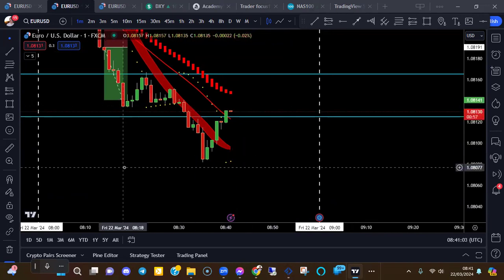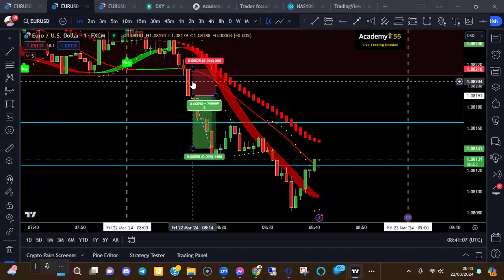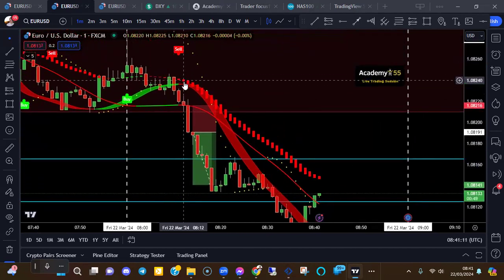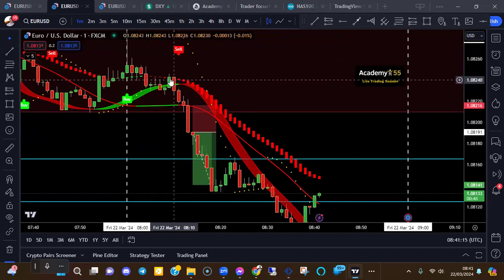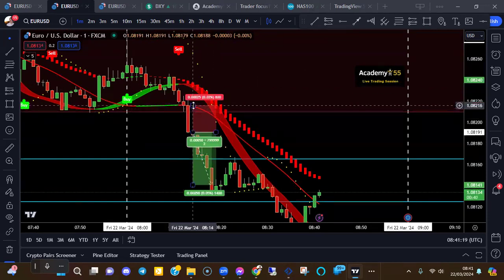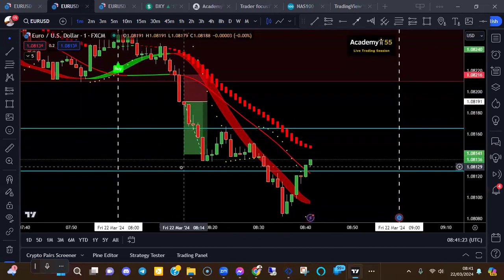But then again, just like here, there is an argument to say, should I have acted mechanically purely on the red wave, red volume ribbon, red trend line? Should I have just acted on that and ignored all this?